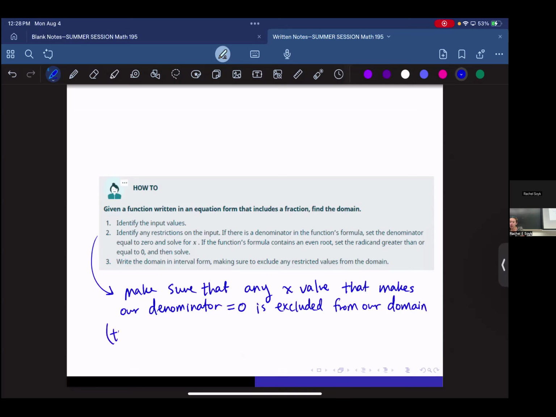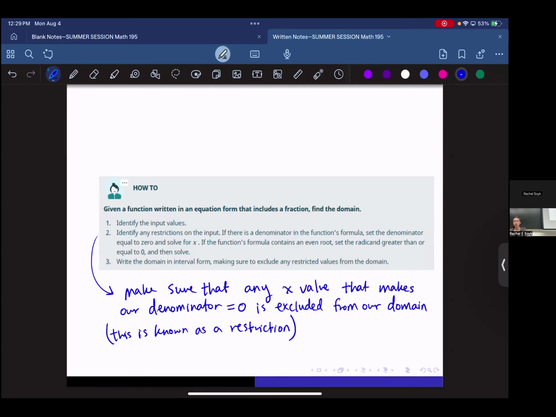This is known as a restriction. Any questions on this?